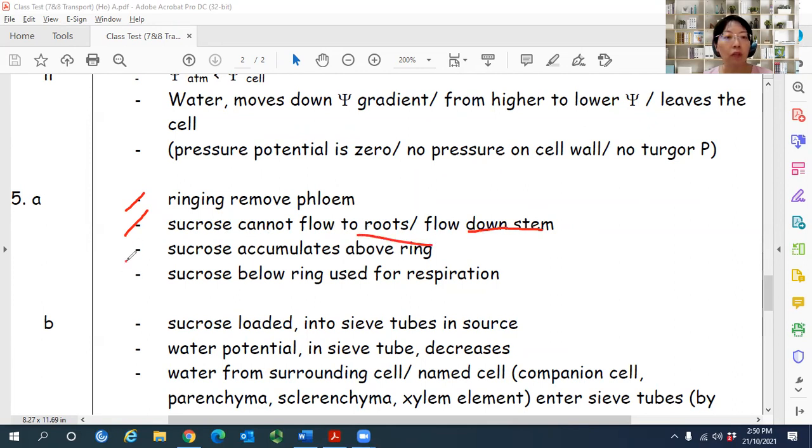Okay, so because of that, sucrose accumulates above the ring, whereas sucrose below the ring will flow to the root and be used by the root cells for respiration, for growth, for storage. Okay, so accept respiration or growth, and or storage.